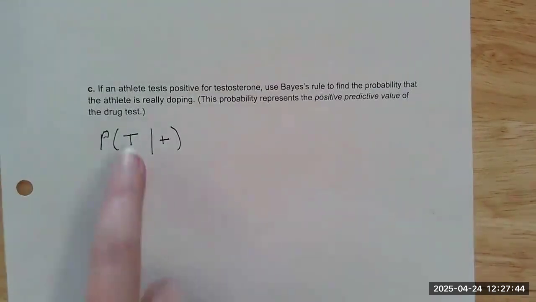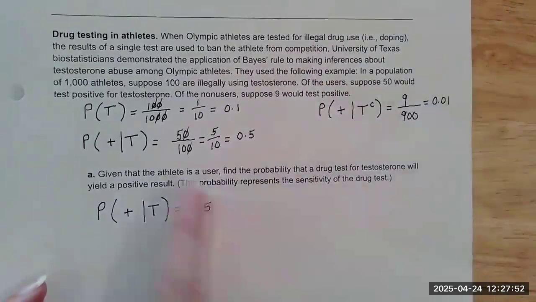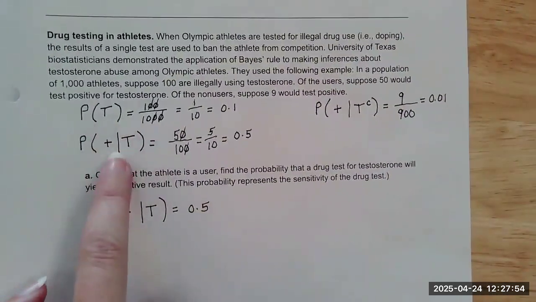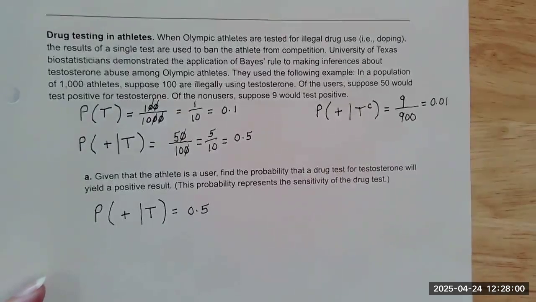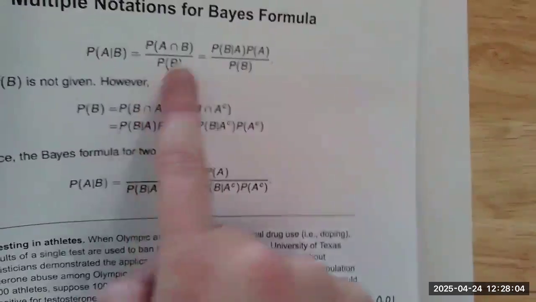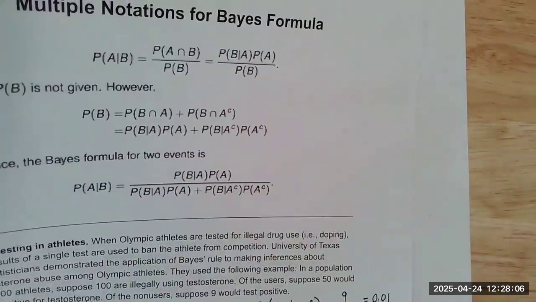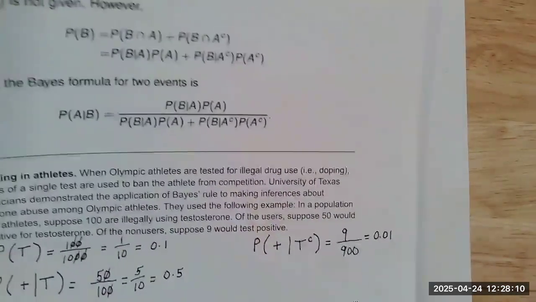So if they're saying that's the A and that's the B, I have to have the probability of a plus somewhere. But if we look at the list of things that I have, the probability of T, I have the conditional probability here, and I have another conditional probability. I don't have the probability of just a plus. So I can't use the top formula where we just have the probability of B in the bottom. That won't work. I got to use the more complicated one.